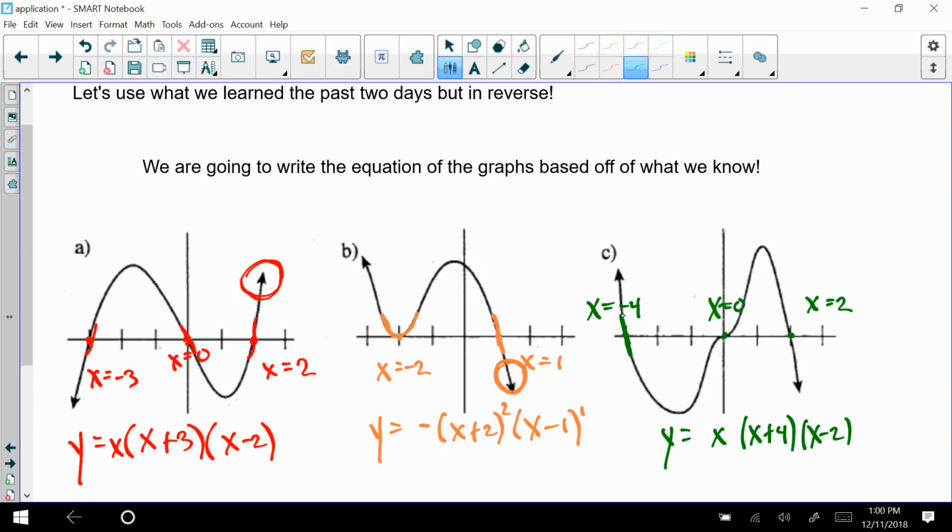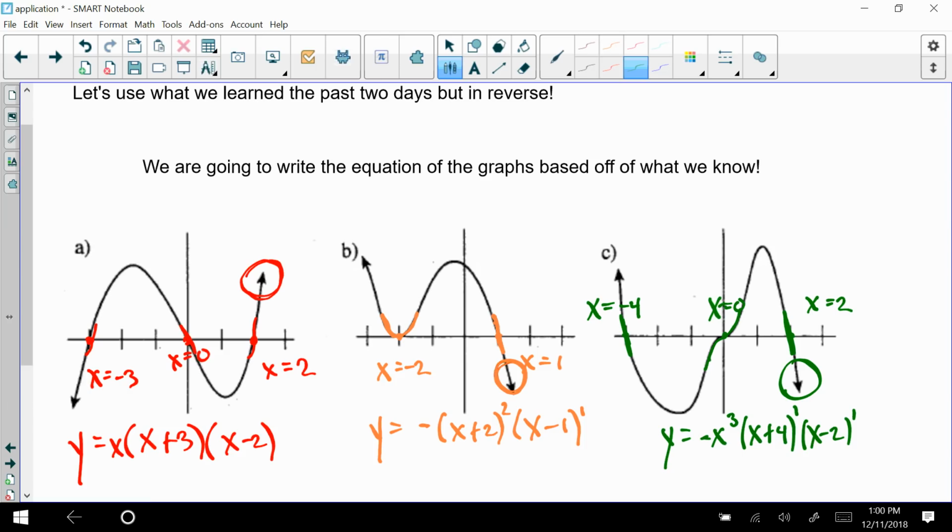X equals -4 is a single root. This one, here's your triple root now. That's that really weird squiggly thing that we have. So we have x to the third, and then x equals 2 is a single root again. Let's check your arrow. Your arrow is going down, so it needs to be negative.